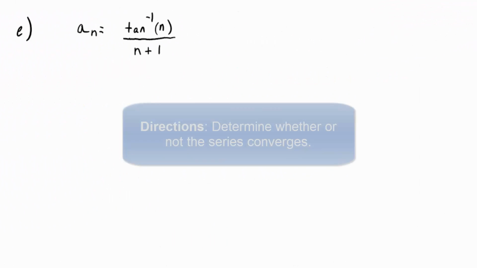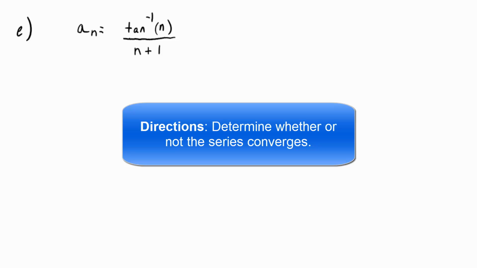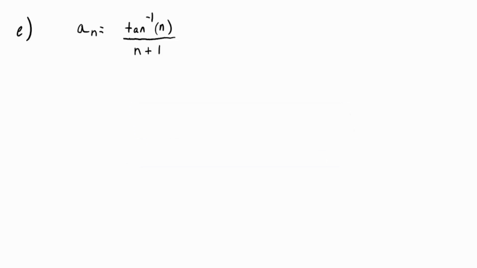So we'll skip to part E. a_n equals tangent inverse n divided by n plus 1. Be nice to compare this to one or two simpler functions whose limits are known. And the good news is you can do that. What's the tangent inverse of n less than? It's less than pi over 2.